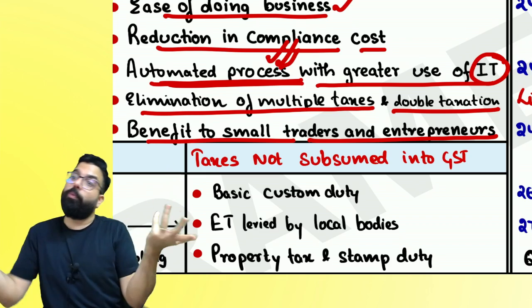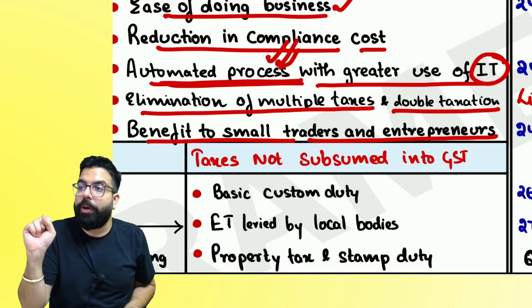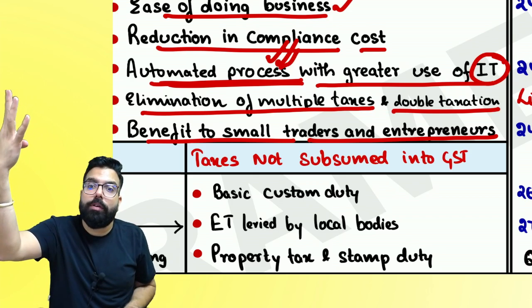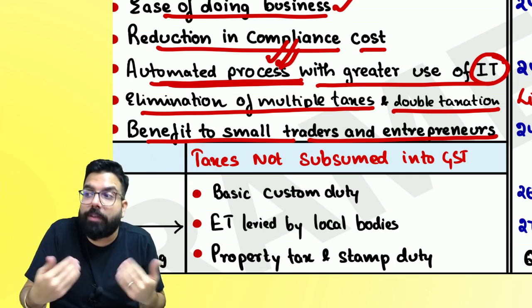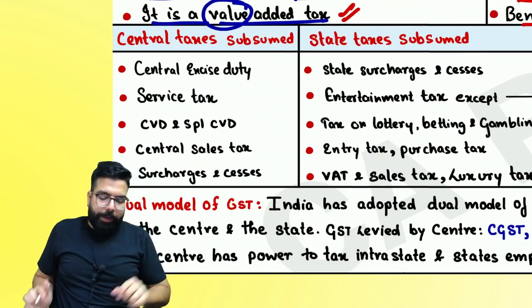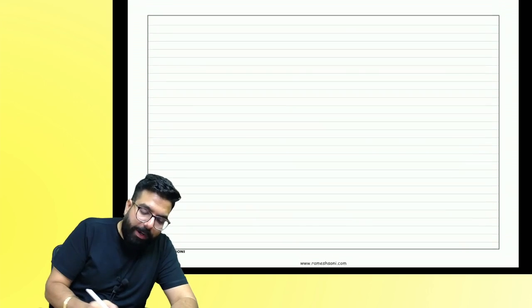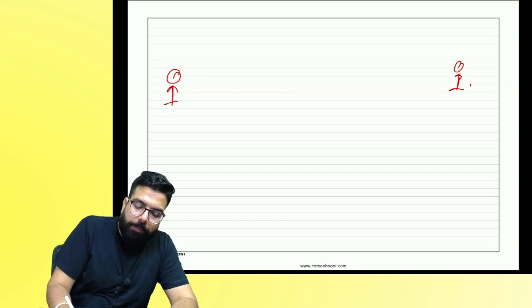So no tension up to 40 lakh. For service supplier it is 20. For goods supplier it is 40. So no tension up to 40 lakh rupees. Are you guys able to understand? Don't you think that's a benefit? That's all. Now, I told you that the central government was standing this side, the state government was standing this side.